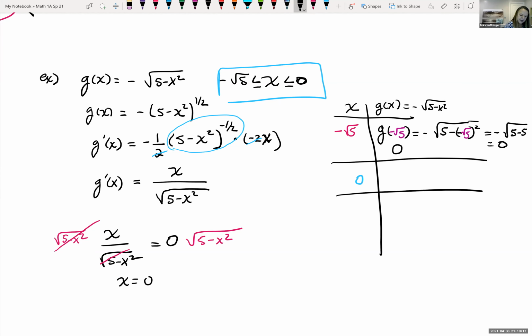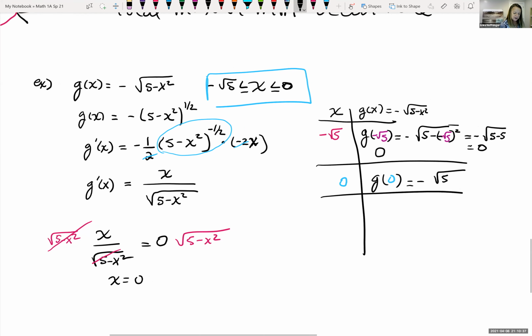If we plug in 0, so g of 0, I get this negative in front of my radical, 5 minus 0. So I just get -√5. So -√5 is a smaller number than 0.